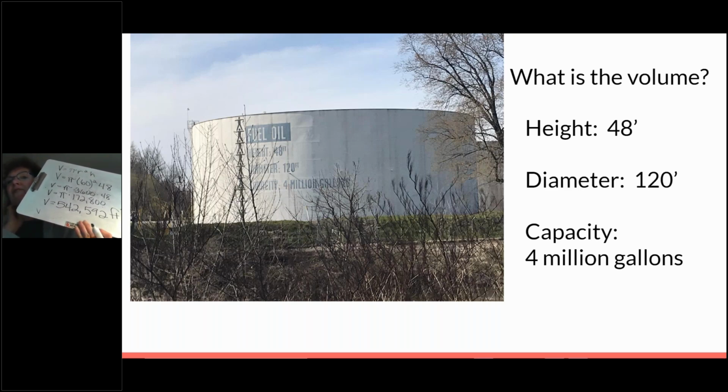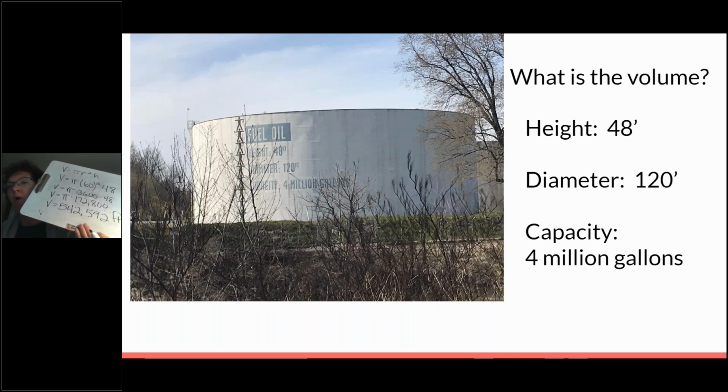That gives us the area of the circle, and then we multiplied that by a third dimension, the height. It's a little bit sneaky because it's radius times radius, but that is two dimensions.